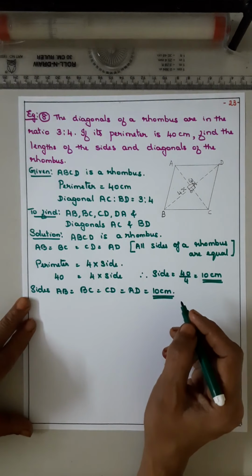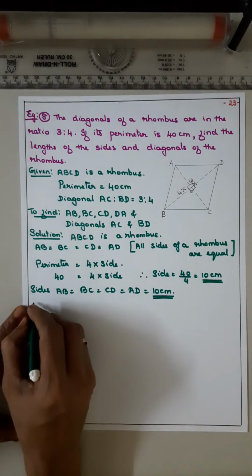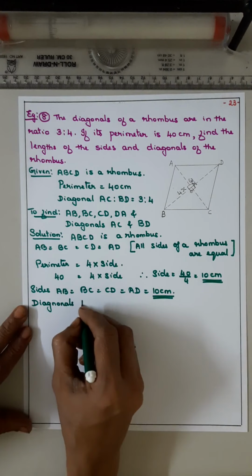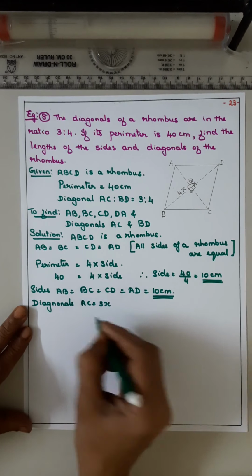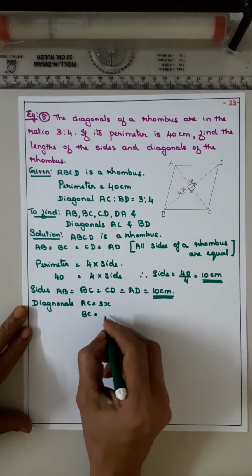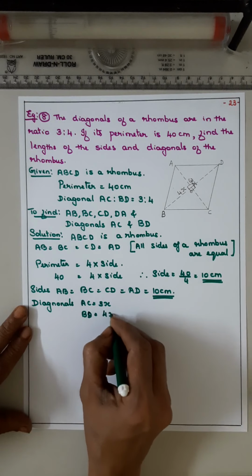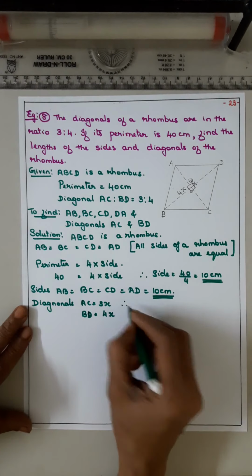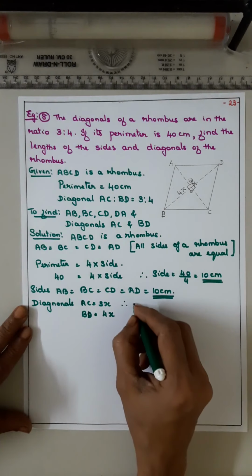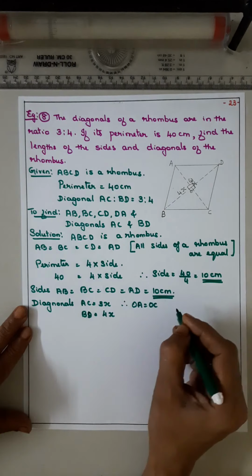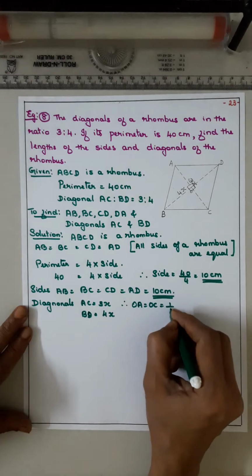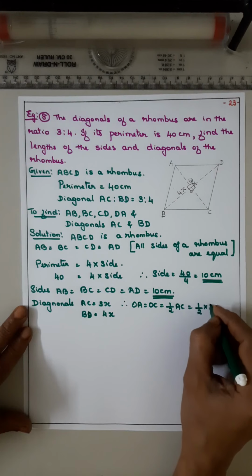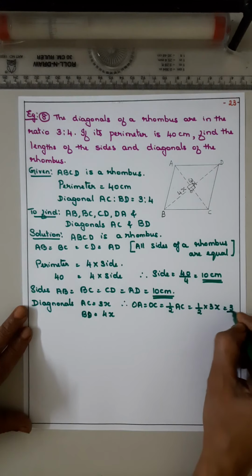Now they have given the diagonals. So diagonal AC is equal to 3x and BD is equal to 4x. So AC is 3x. Therefore, OA is equal to OC, that is equal to half AC, that is half into 3x, that is 3/2 x.